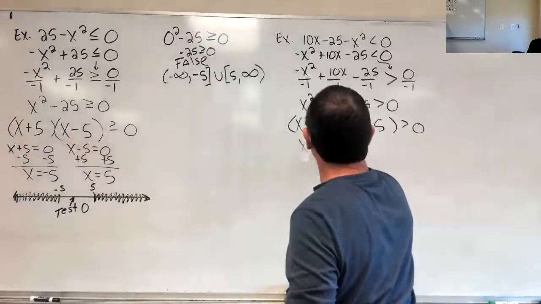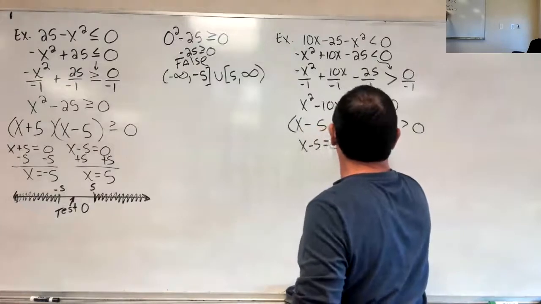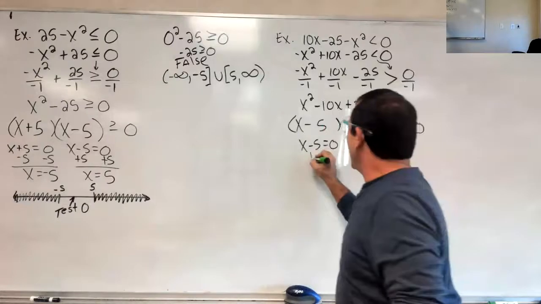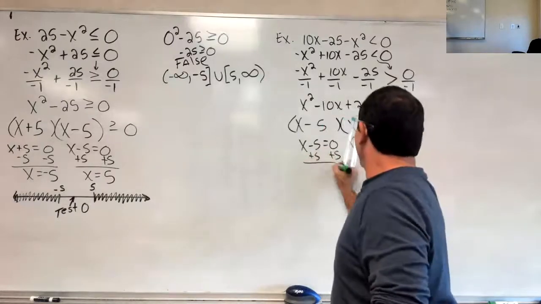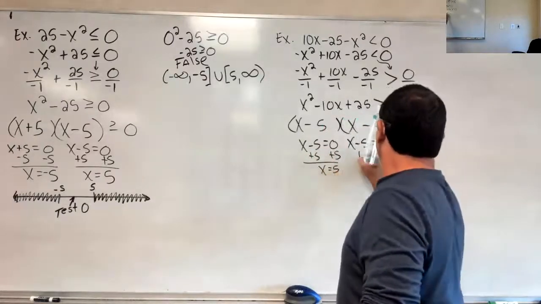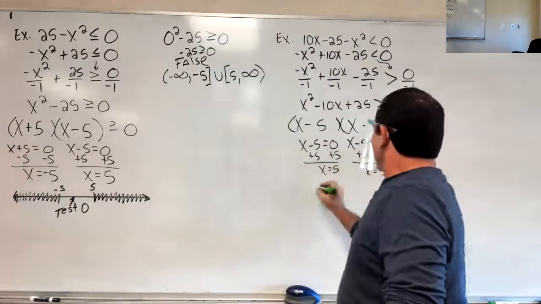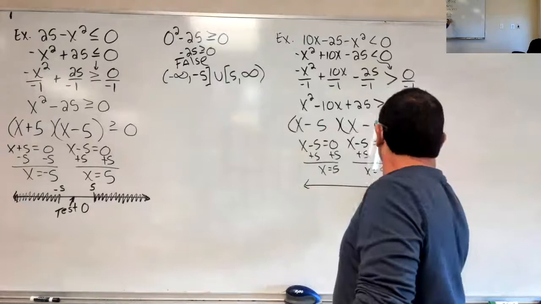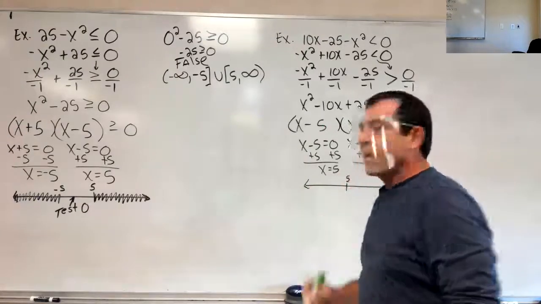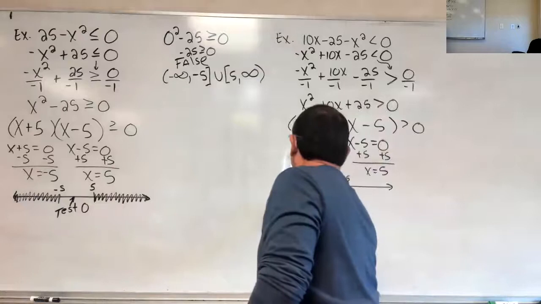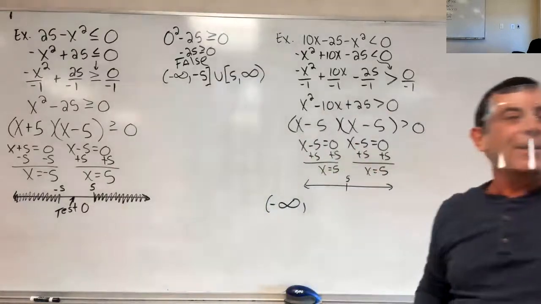Oh, so look what's happening here. Just one answer, because I'm going to get a positive 5 for both of these. So anytime you draw that number line, and you just get one number, what do I say? That's the only number not in my domain. So we'll go from negative infinity until we hit 5.